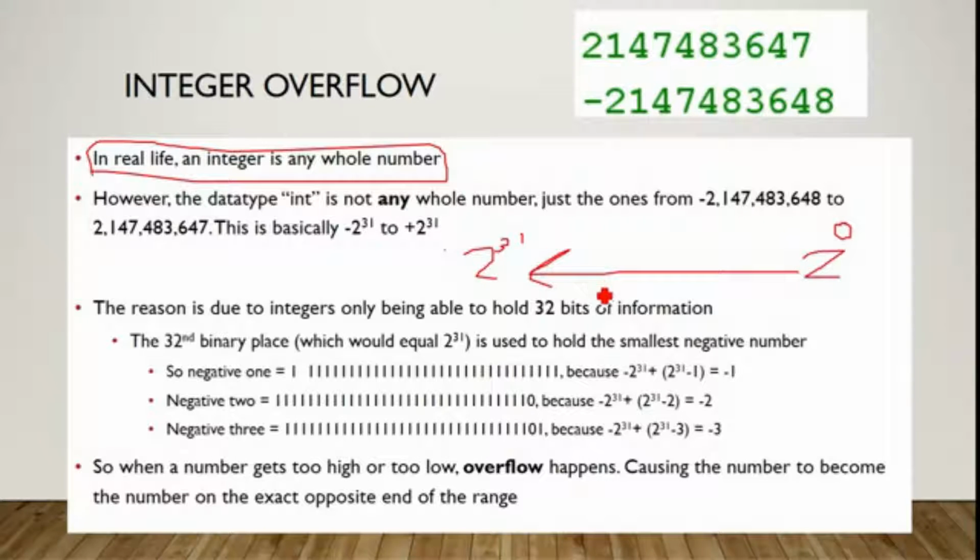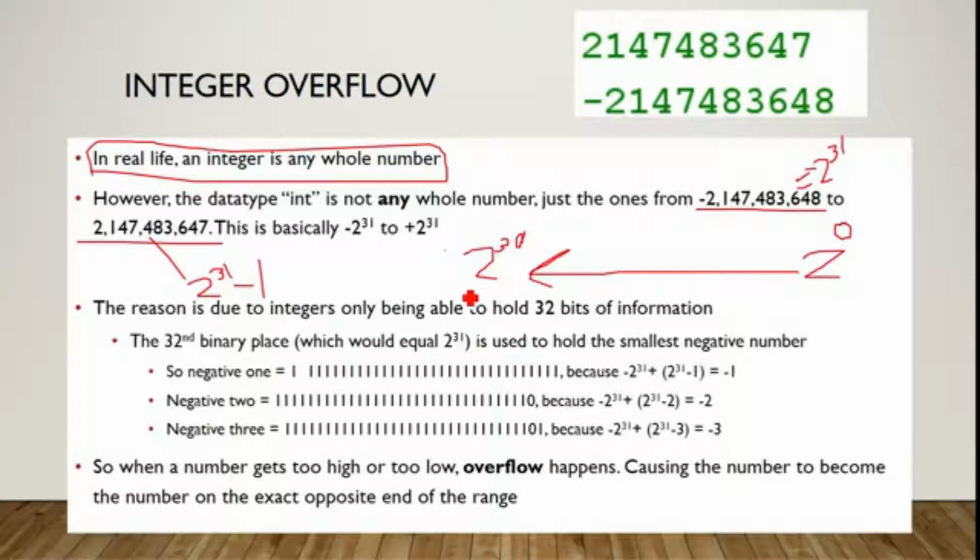Except not really. You see, it only holds up to things which are almost 2 to the 31st. Can't hold anything above that. Well, negative 2 to the 31st. And that one's actually positive 2 to the 31st minus 1.